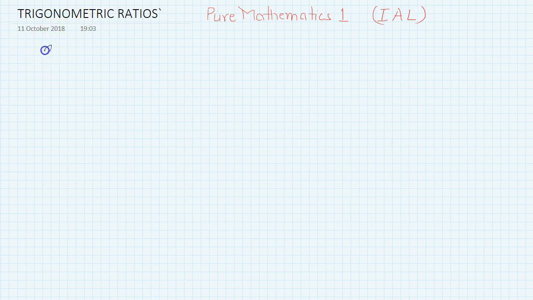We have sine, cos and tan. Suppose I have this triangle.